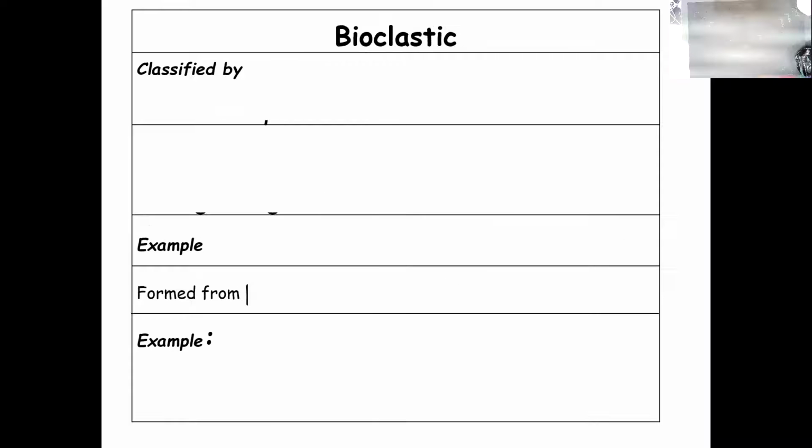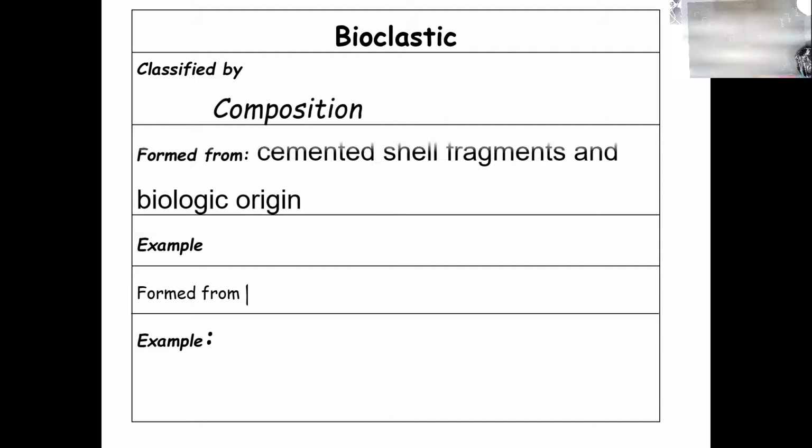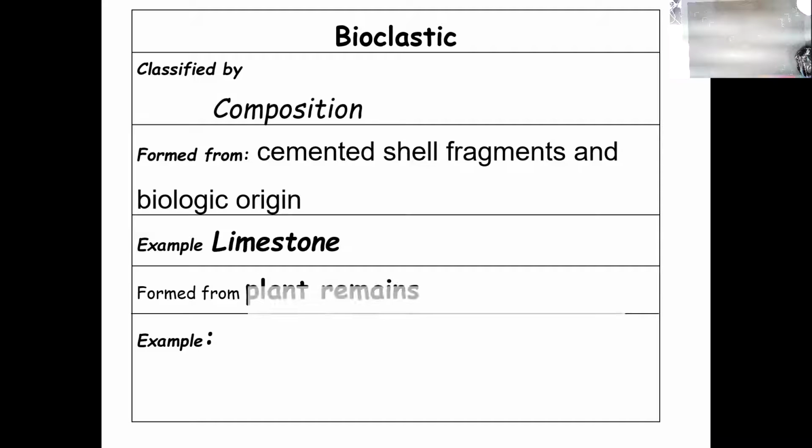All right, and lastly, we have bioclastic. Take a look at your two bioclastic rocks on your reference table. What are they put into their two groups by? I heard it. These ones are put into groups by their composition again. So there's actually two different groups here. The first group is formed from cemented shell fragments.